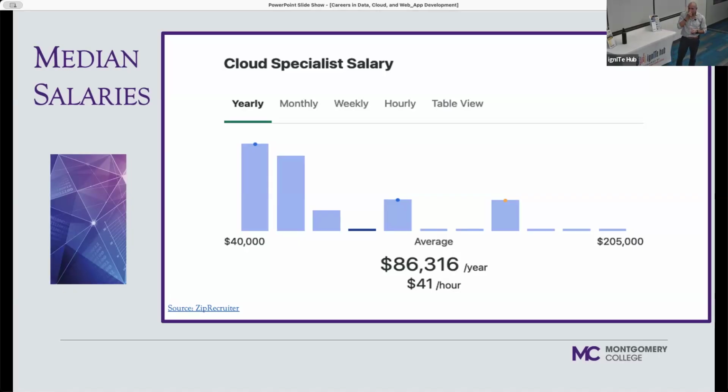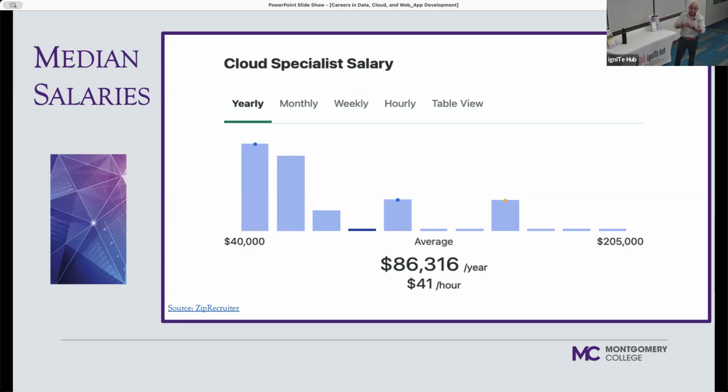A cloud specialist may be the person that manages your clouds, so it's basically a system administrator with additional job responsibilities. If that is the case, $90,000 in this area per year is good. But if you really have other certifications, or you are really managing your tenants in these particular areas, that's more in the $100,000-plus range a year.